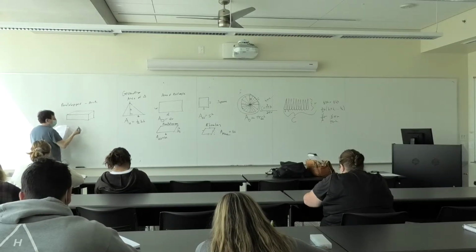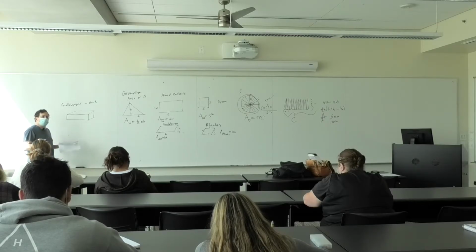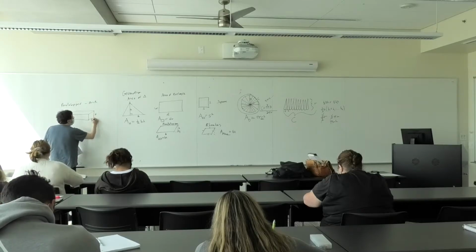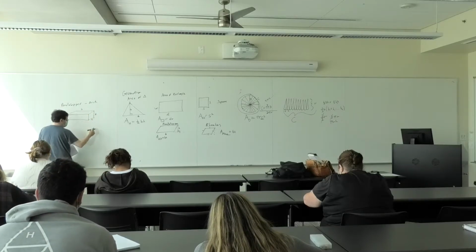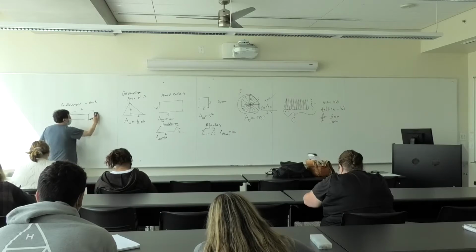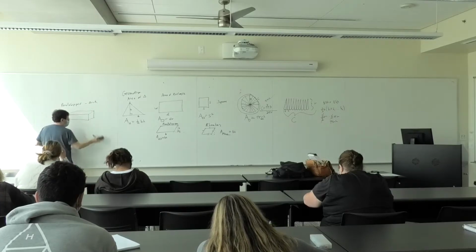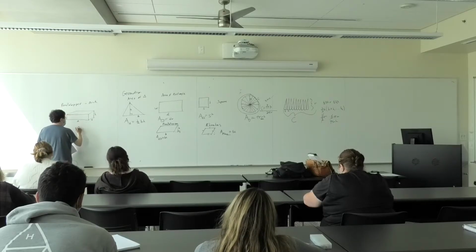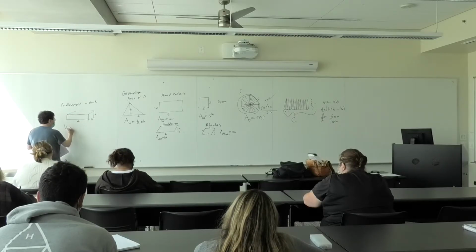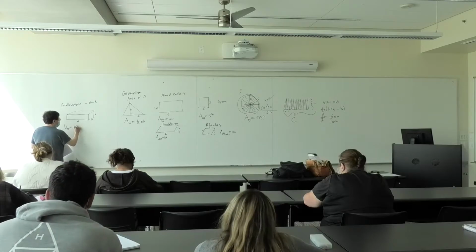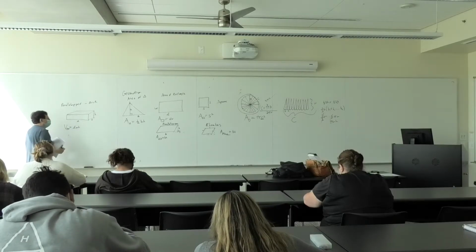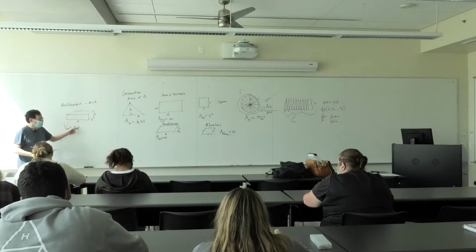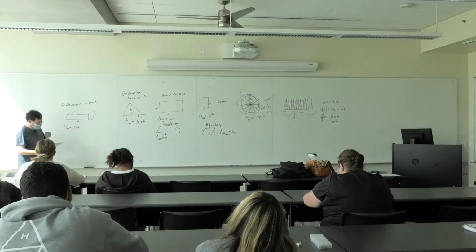Now we're dealing with volume, so there's always going to be 3 dimensions: height, width, length. The volume of a parallelepiped is just length times width times height. You can label these however you want, because it's going to be the same formula.